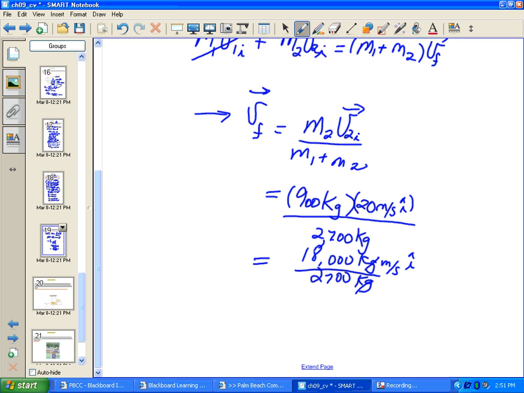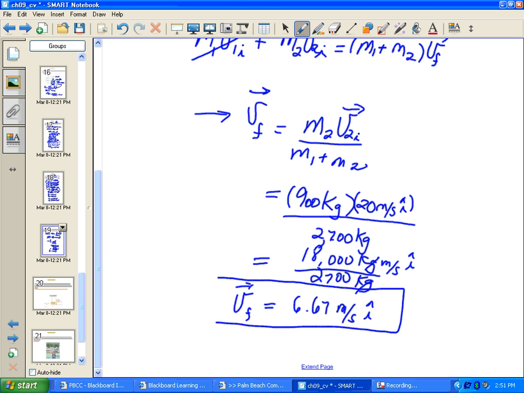That gives us 6.67 meters per second in the i-hat direction. So when the cars become entangled, their bumpers lock, they will move at the common velocity, in other words, at 6.67 meters per second. Okay, next question.